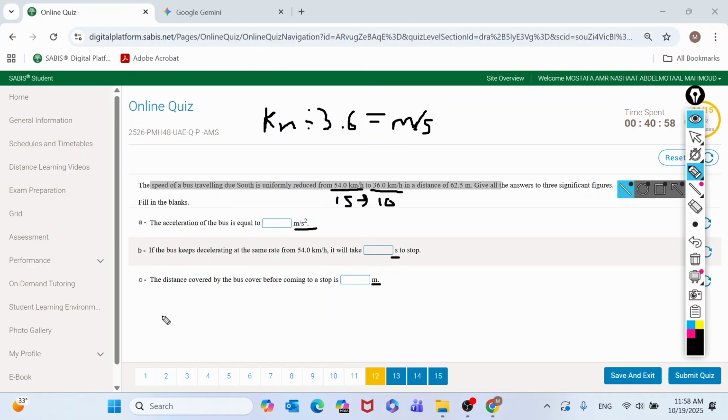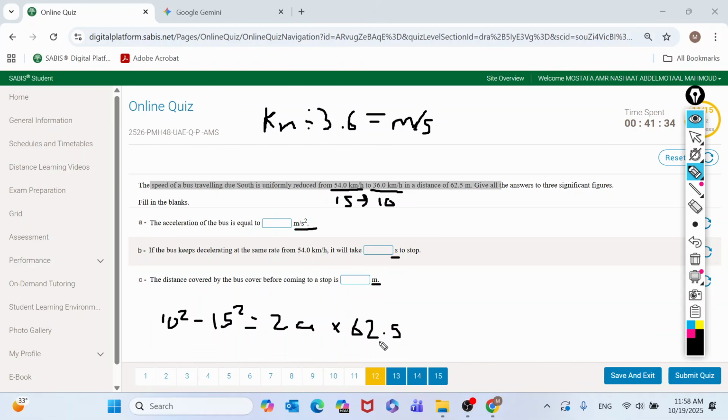So we find it squared, so 10 squared minus 15 squared equals 2a delta x. Delta x is 62.5. 2a times 62.5.